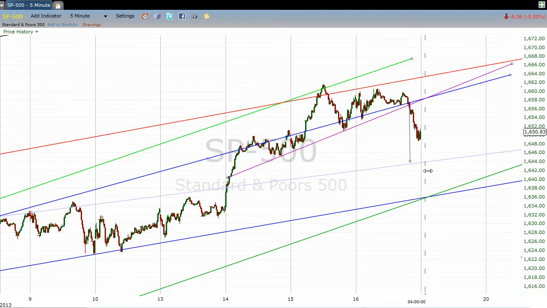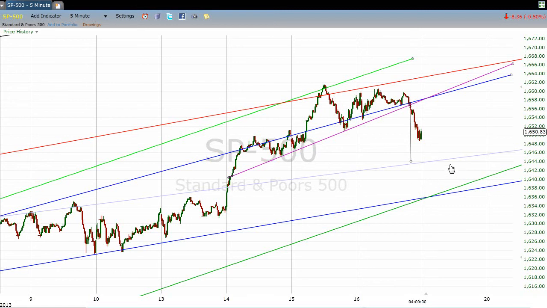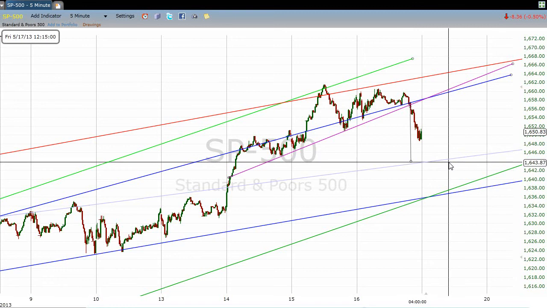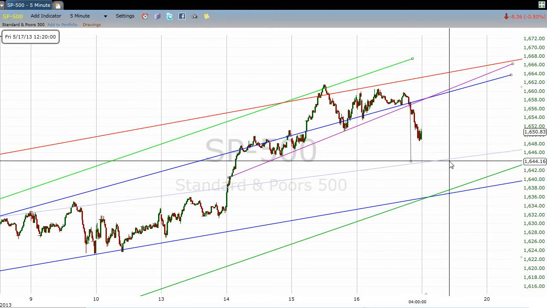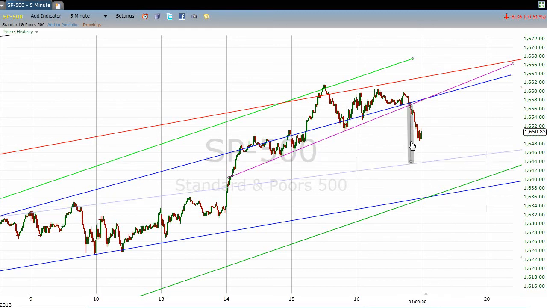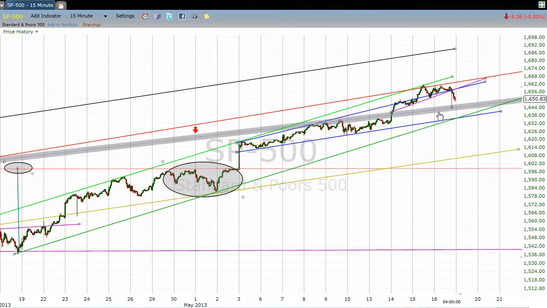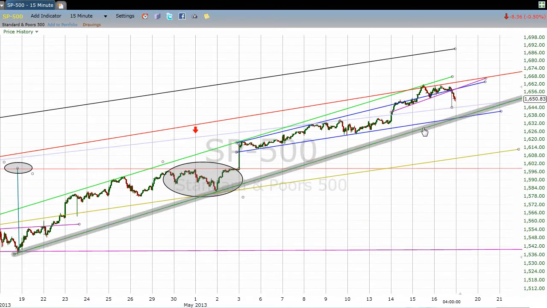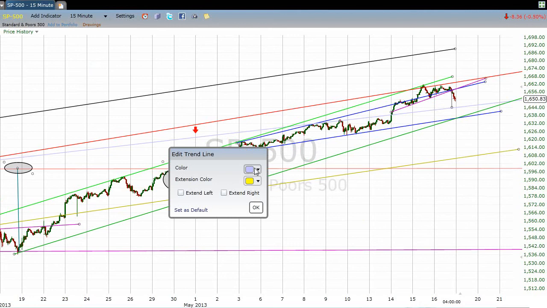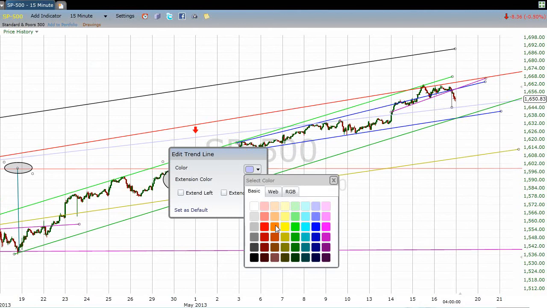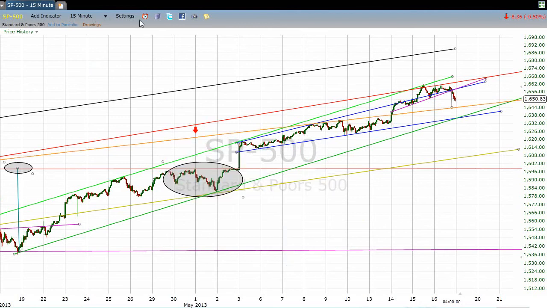That target measures to 1644. So it looks like it's got a little ways to go. And if it goes down to 1644, guess what? We've got a little line here that I'll show you where it is drawn. We're going to make this a little bit darker. Tell you what, let's make it orange. There we go.